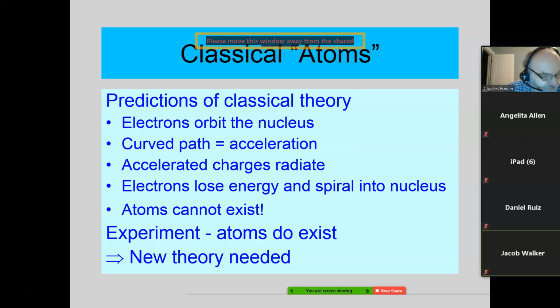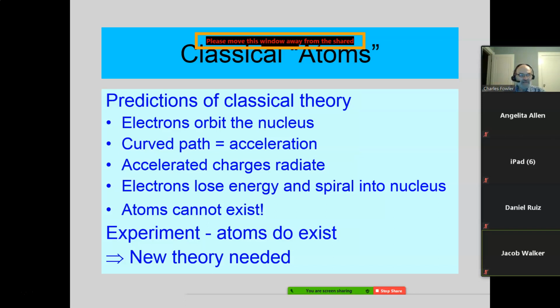Okay, now what they're going to talk about next here is what they mean by the classical atom. And they put atoms in quotes here, and this actually has a variety of reasons it's in here, okay?